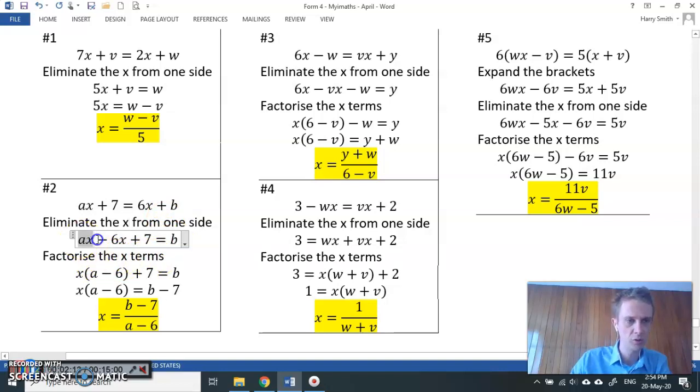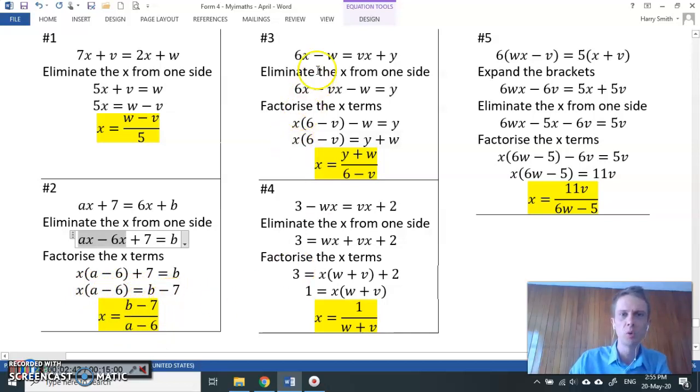So those ones there are my x terms. So I'm factorizing that, taking out the x. X times a is ax. X times minus 6 is minus 6x. Move my 7 over. And then divide both sides by a minus 6. The a minus 6 moves to the bottom of our fraction there.